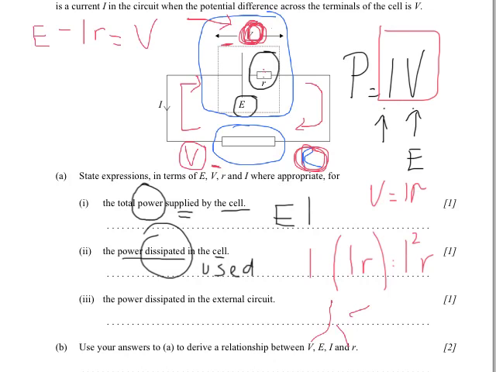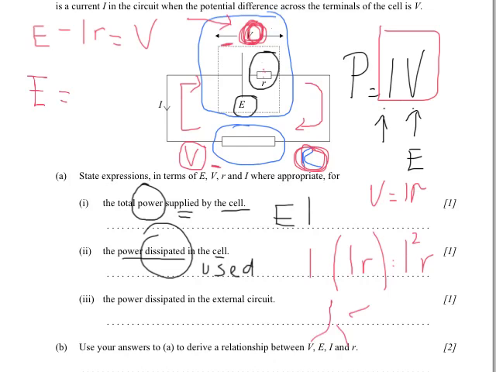But we can also derive that. If you think about it like an equation, let's use Kirchhoff's laws. We have the summation of energy in, which is just the EMF, equal to the potential difference across both resistors.